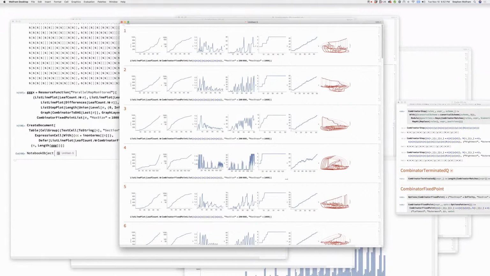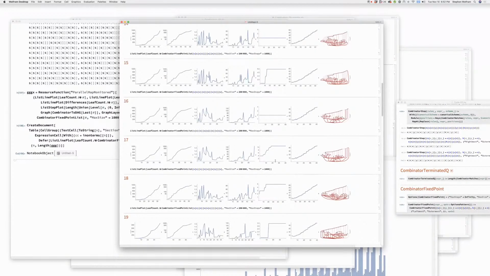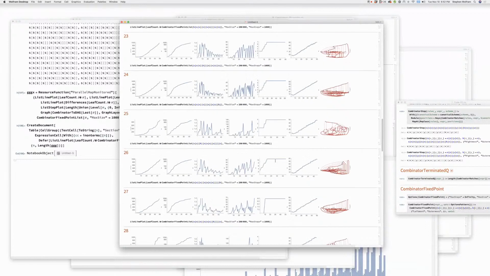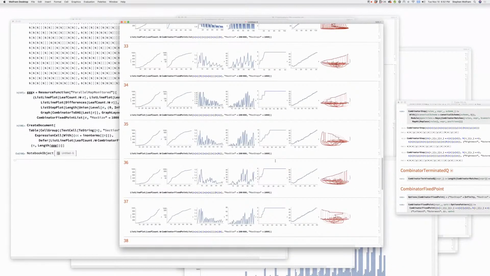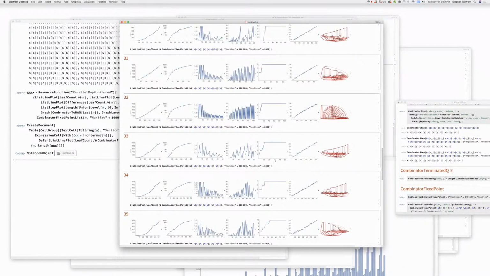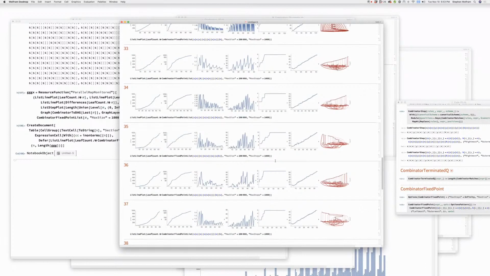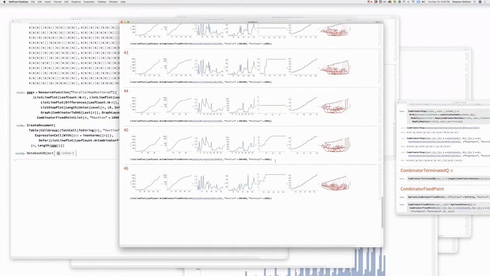So the question is are these wilder? Let's see what kind of thing we see here. I should have fixed that bug.